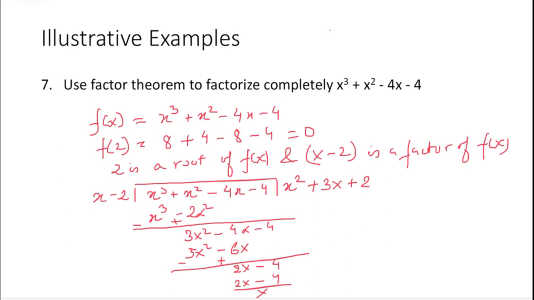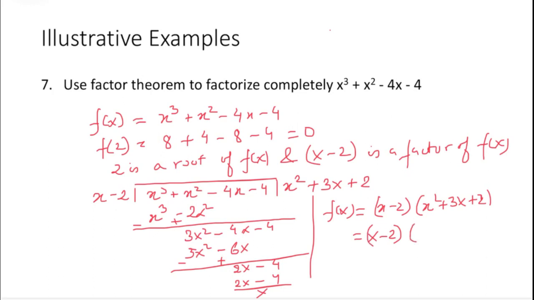So we can write this function f(x) as x minus 2 times x square plus 3x plus 2, and we can further factorize this one using simple factorization, that is x square plus x plus 2x plus 2. We can write it in this way.